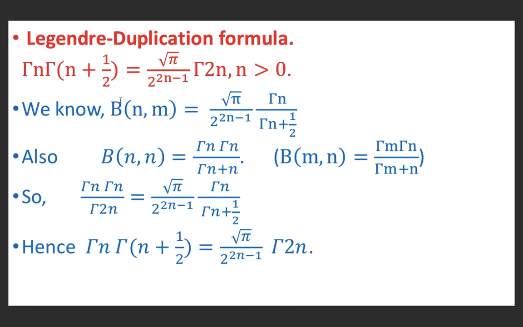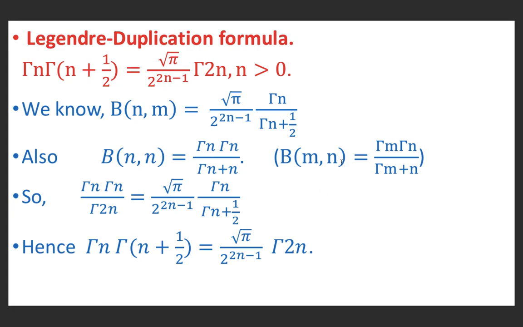Now we will prove this duplication formula: gamma n plus half is equal to under root pi upon 2 raised to 2n minus 1 times gamma 2n, whenever n is greater than 0. Just now we proved that beta(n, n) is equal to under root pi gamma n upon 2 raised to 2n minus 1 gamma n plus half. And we know that beta(m, n) is equal to gamma m gamma n upon gamma m plus n.